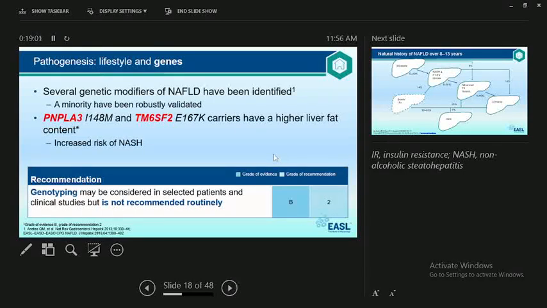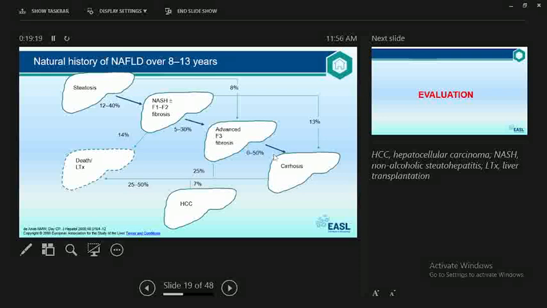Genetically, the PNPLA3 and TM6SF2 genes are blamed for the development of metabolic syndrome and especially NAFLD. But genetic screening is not recommended, except for clinical studies or some other clinical purposes. What is the natural history?